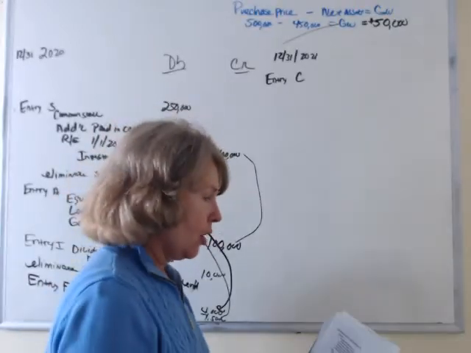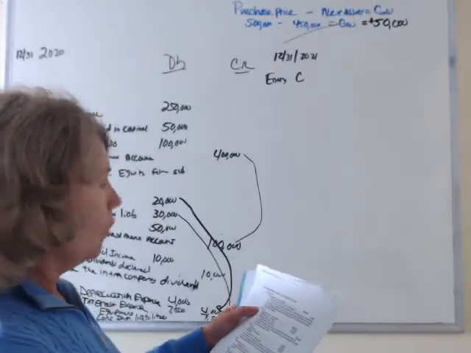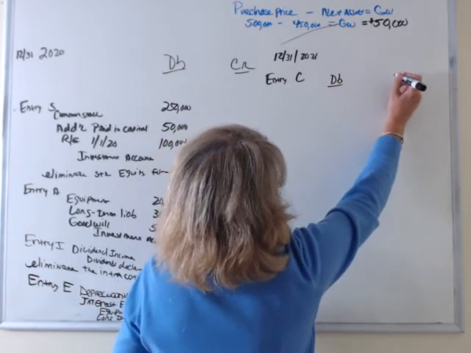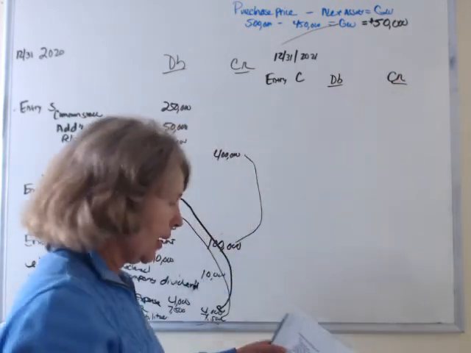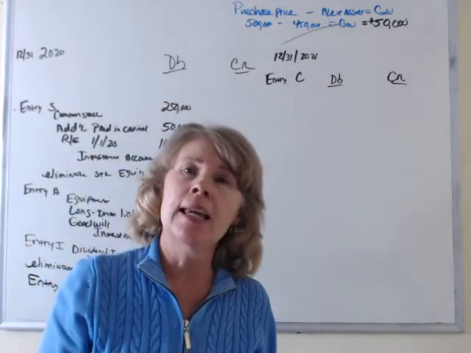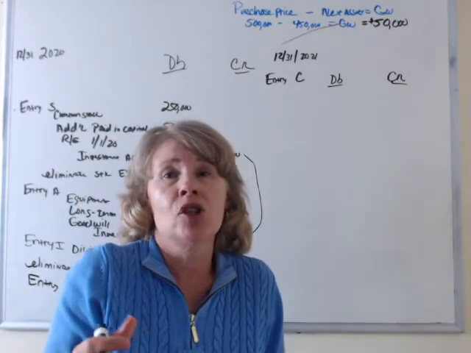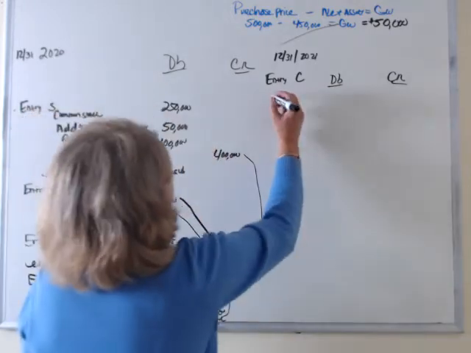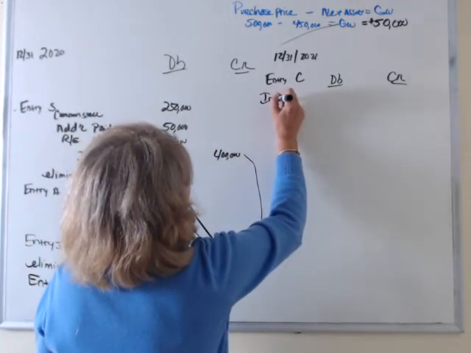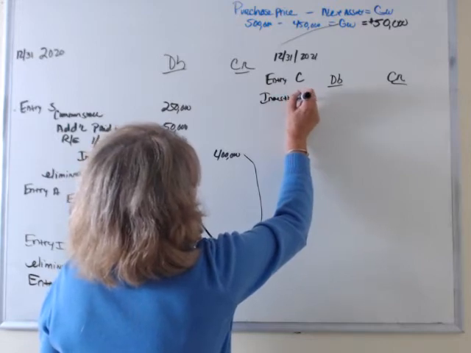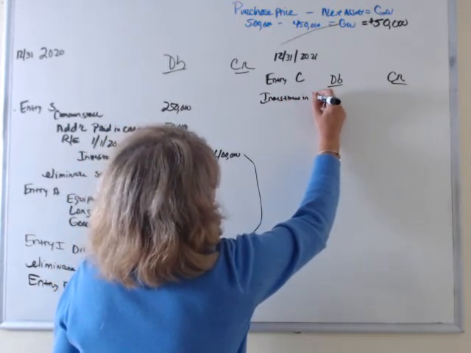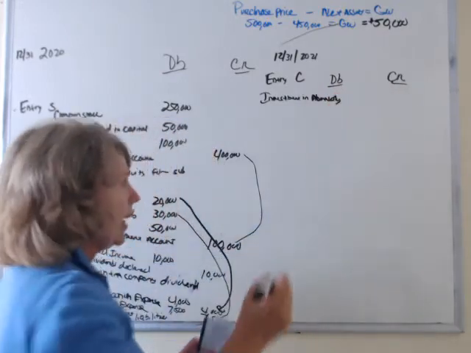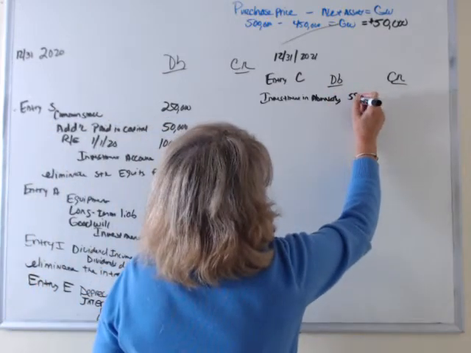All right. Okay, so we've got debit, we've got credit. Now we're going to do entry C. We didn't have entry C in 2020 because it just started out. They didn't have beginning retained earnings. So I debit investment in Abernethy, 58,500.